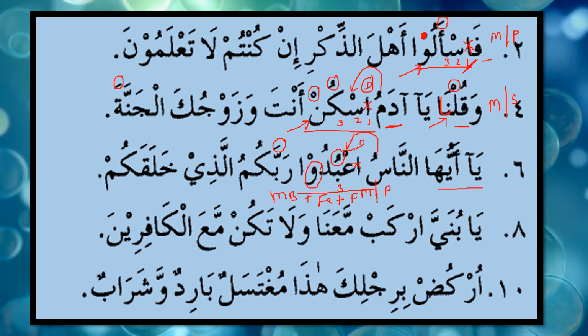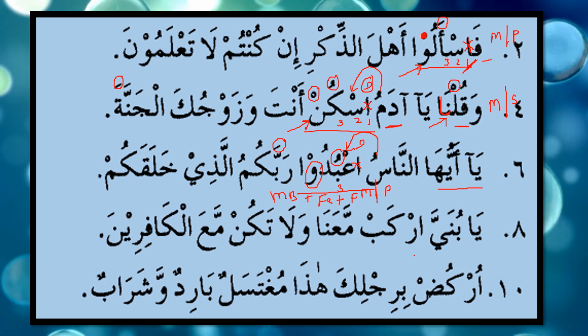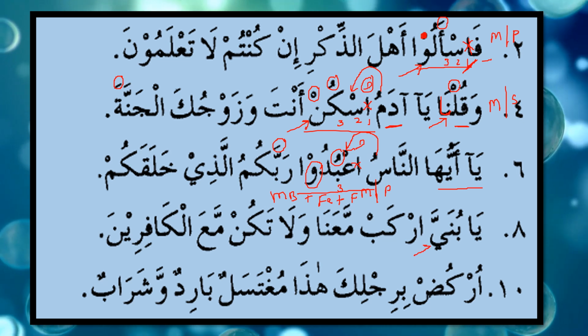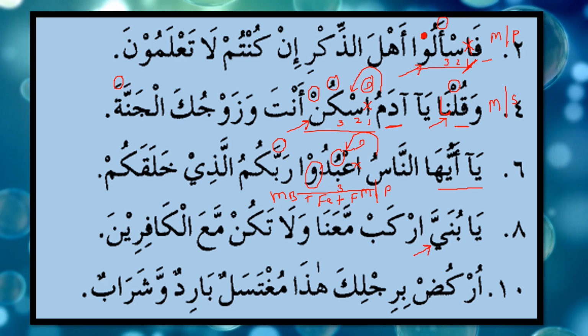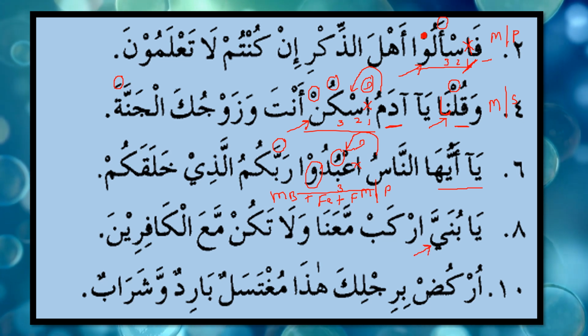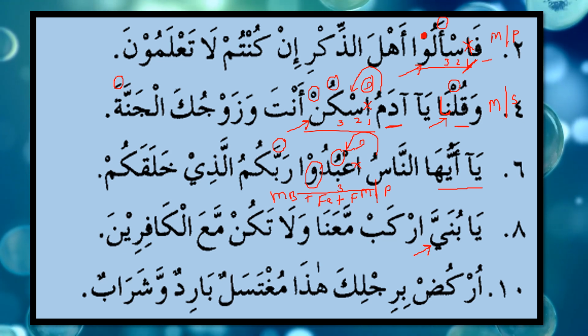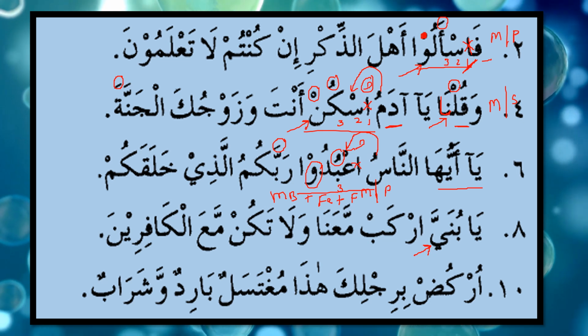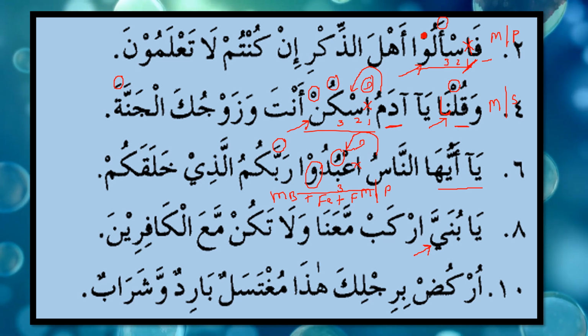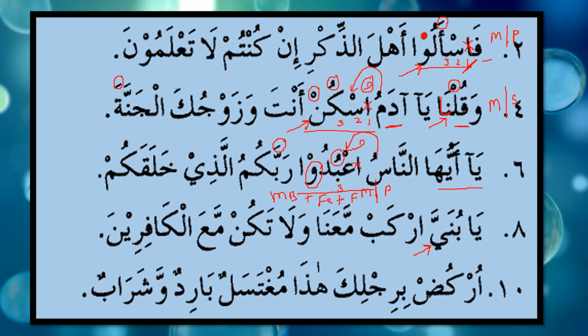Ya bunayya. So this is the calling particle harf nida for bunayya. Bunayya is the diminutive. That means when you call lovingly, or for a very young son, ya bunayya, irkab. So how do you know it's irkab?